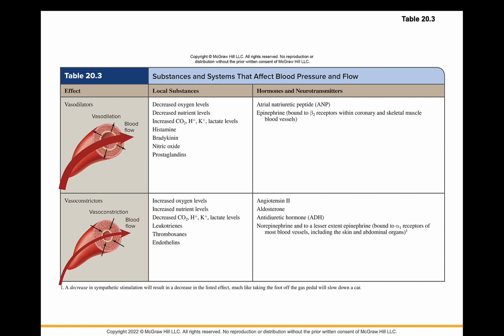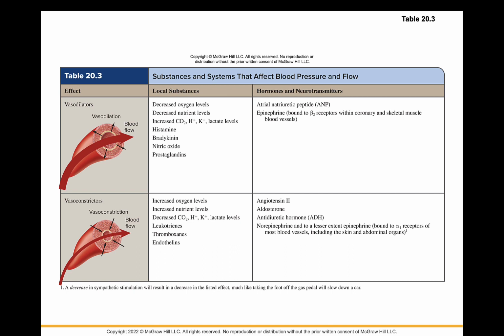Now, there are also hormones and neurotransmitters which will act as vasodilators and vasoconstrictors. When we look at vasodilators, we're going to look at atrial natriuretic peptide, ANP. This is an important hormone that we're going to talk about later. It is the only hormone that comes into play when there is an increase in blood pressure.